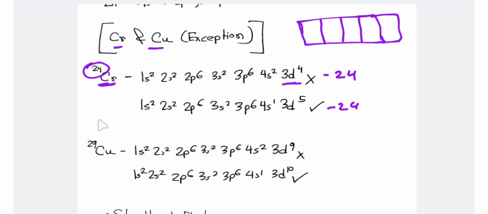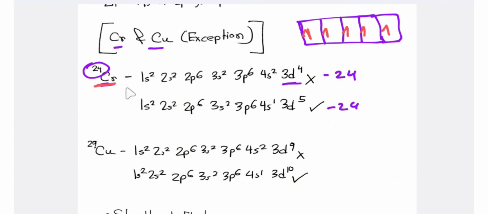So chromium has the valence electron in 3d4, but instead of writing this as 3d4, we write 3d5. That is, we add 1 valence electron from the 4s subshell. So instead of writing 4s2, we write 4s1 and 3d5. You need to remember this.